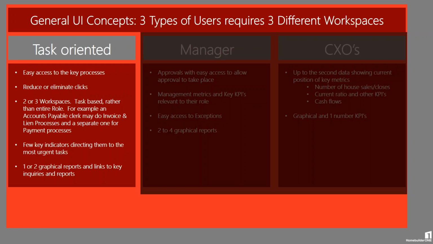One of the key things that they want to do is reduce and eliminate the clicks. They may have 2 or 3 workspaces for a role. And they'll have maybe some indicators, basically directing them to the most urgent things that they should be working on. And they may have some reporting and even KPIs.